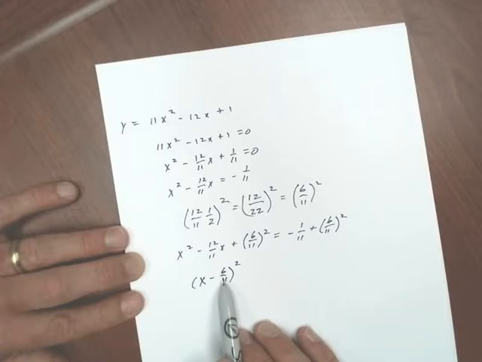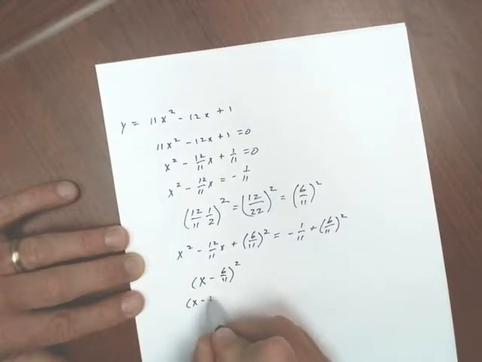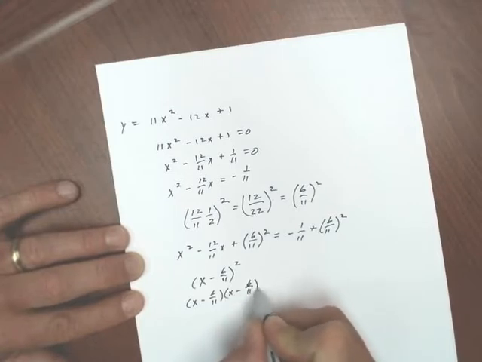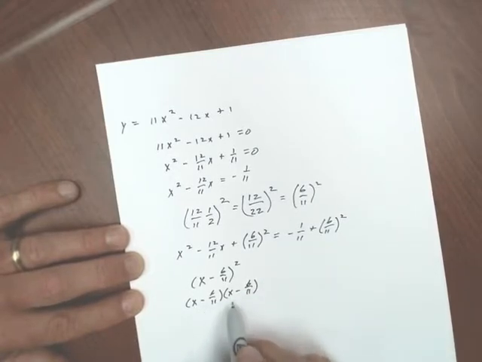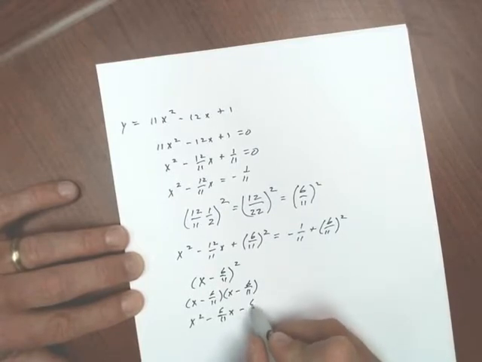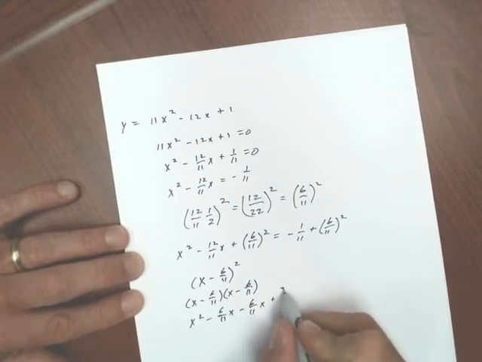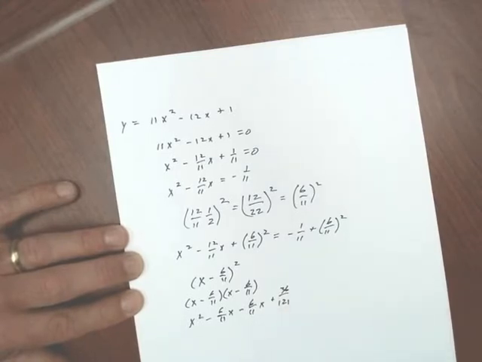Okay, now again, in order to validate this, you can simply expand it to x minus 6/11 times x minus 6/11 and FOIL it out. And what do you get? You get x squared minus 6/11 times x minus 6 over 11 times x plus 36 over 121.